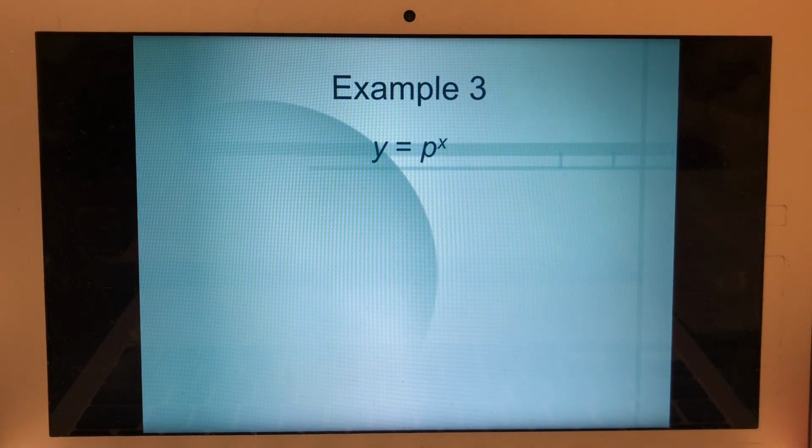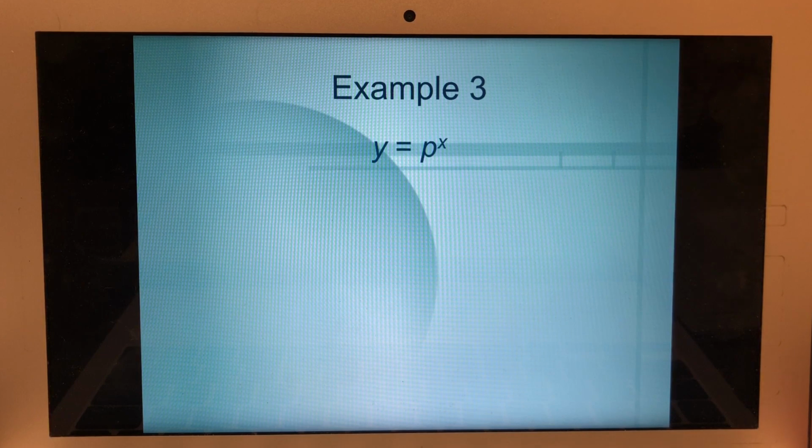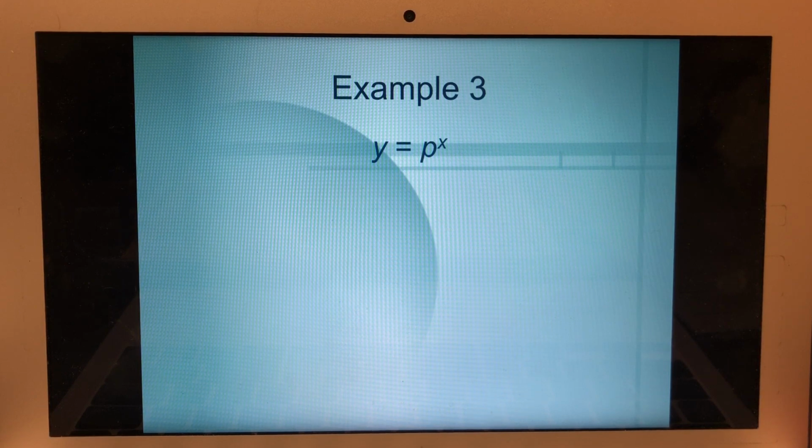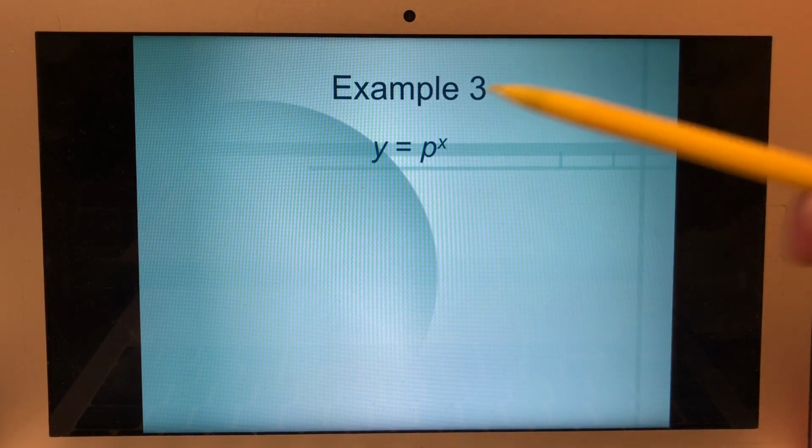Now, let's take a look at this, where y is p to the x power. Our problem here, this is example 3 on page 351. Photocopiers and graphic programs allow the user to enlarge or reduce an image using a percentage of the original, p.